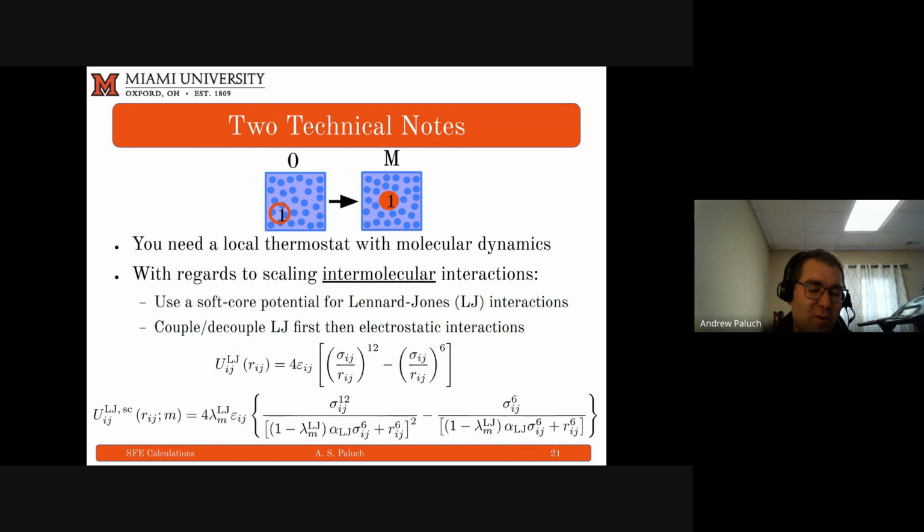But the challenge is always actually executing it in practice, right? So how do you come up with optimal staging? Well, trial and error. The goal is to try and optimize the phase space overlap between your neighboring states. Electrostatics typically scale linearly. Those aren't a problem. It's the LJ ones that could be problematic. And so, it might be that you find you need to add more states to your system in order to get that to work.